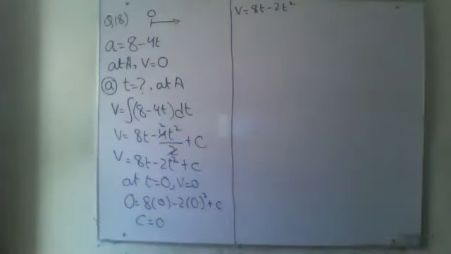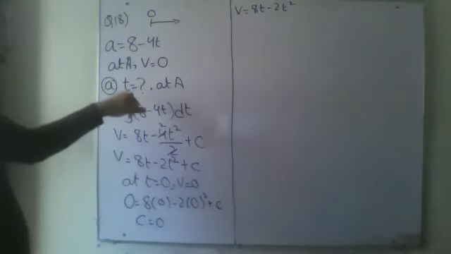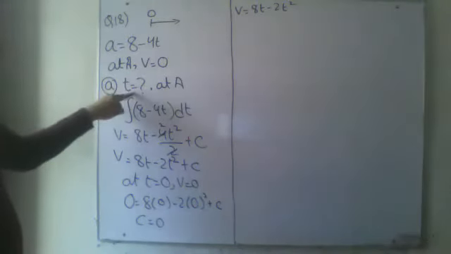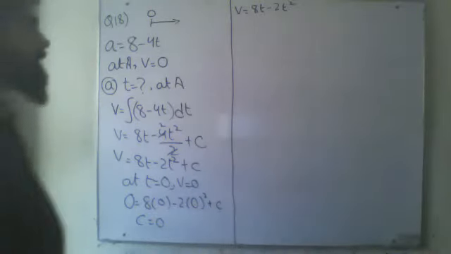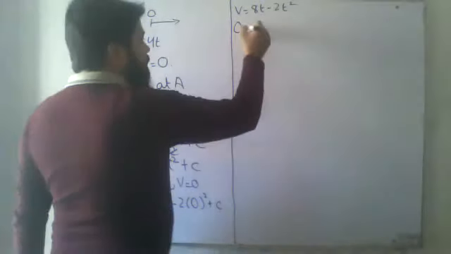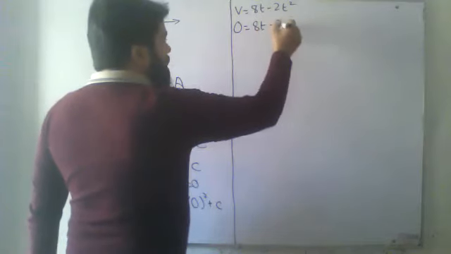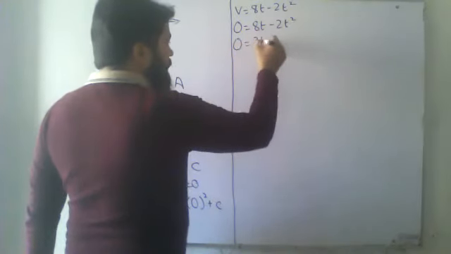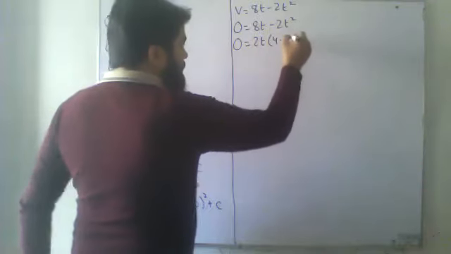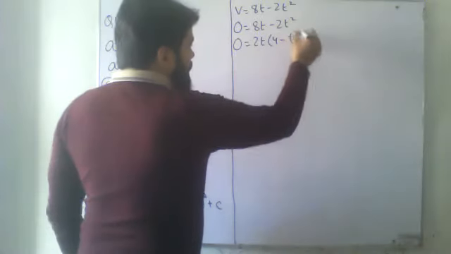Now I have to find at A what was the time, and at this time again the velocity was 0. So 0 equals to 8t minus 2t square. 2t common, 4 minus t.